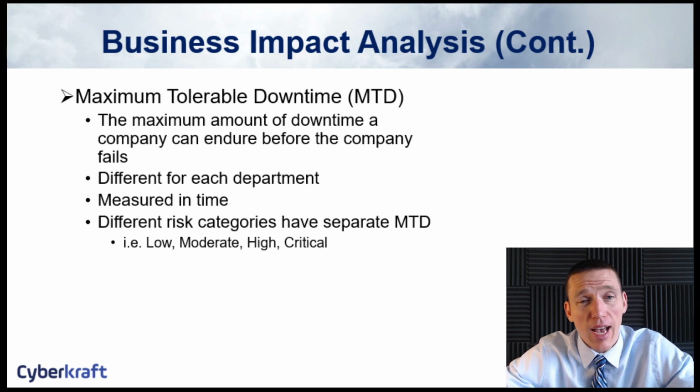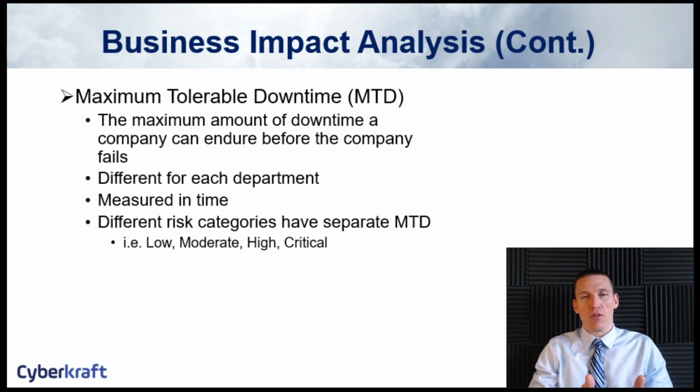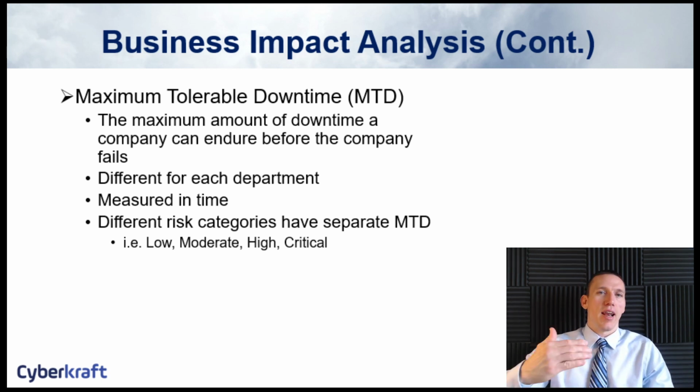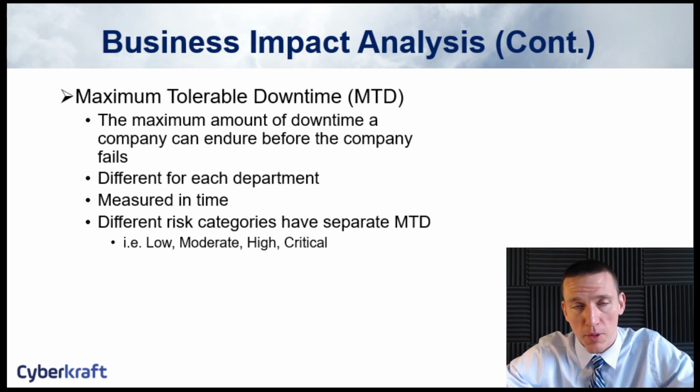Maximum tolerable downtime is measured in time, usually within hours. And different risk categories have different maximum tolerable downtimes. If you have a business process that's at a higher risk, you might have a different maximum tolerable downtime.